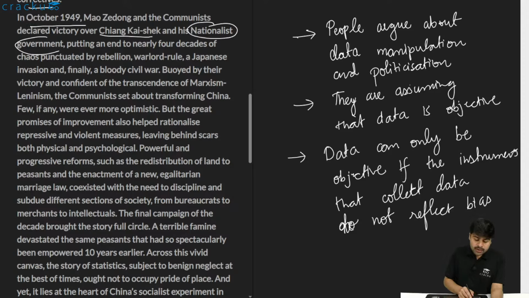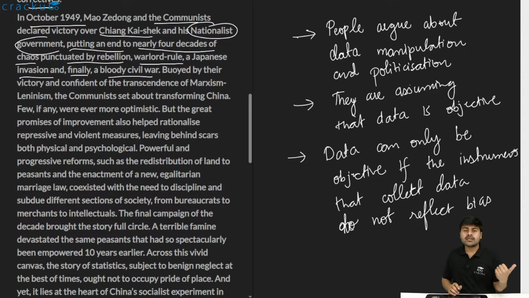The communists defeated the nationalists, putting an end to nearly four decades of chaos, punctuated by rebellion, warlord rule, a Japanese invasion, and finally a bloody civil war. So all of this happened under the nationalists' rule, and all of this ended once the communists declared victory over Chiang Kai-shek.